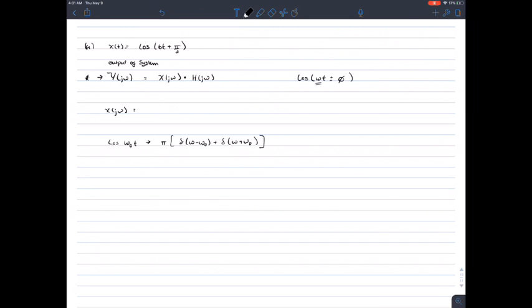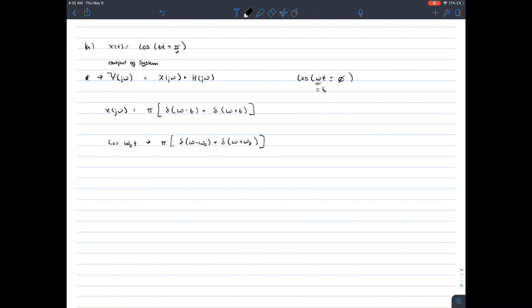Okay? This is going to be your omega. Okay? And as we can see, omega naught is going to be 6 in this case, okay? So x of j omega is going to be equal to pi of delta omega minus 6 plus delta omega plus 6.